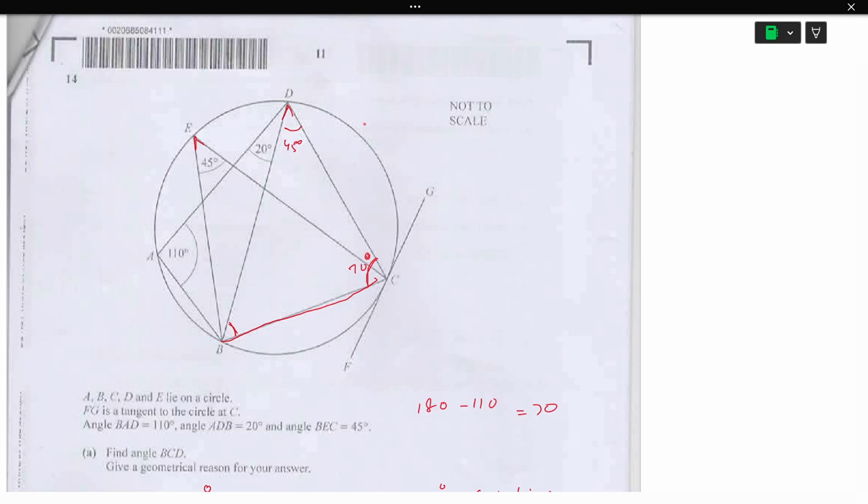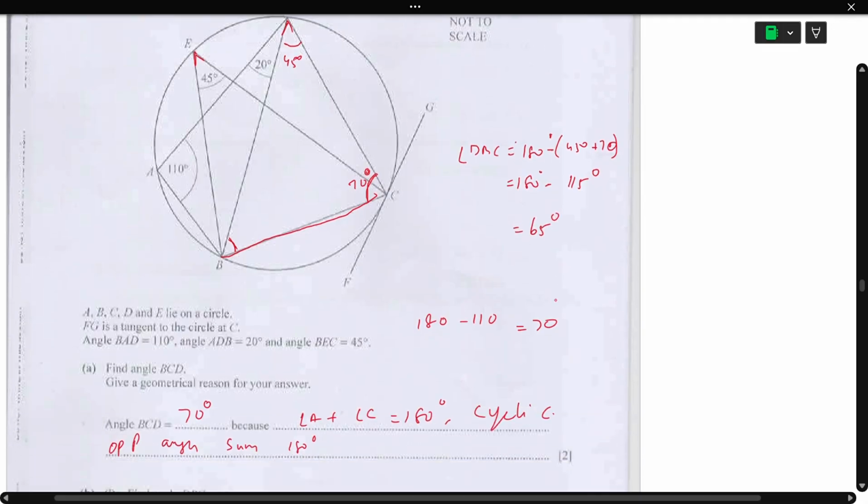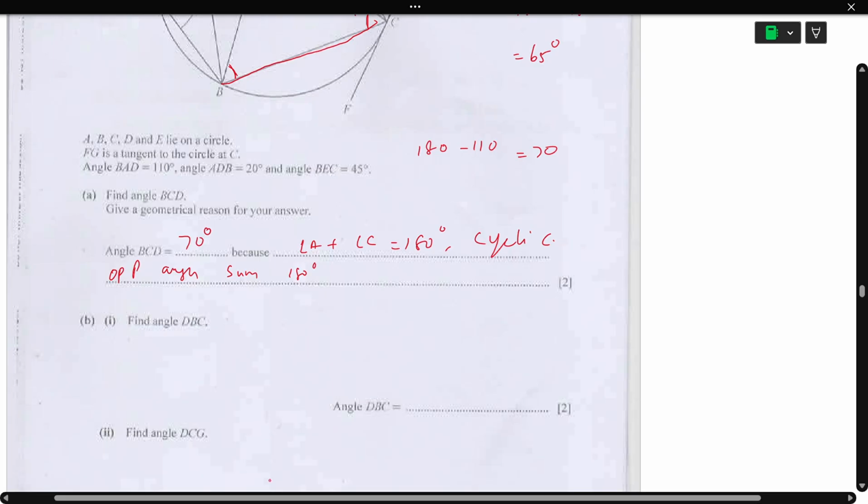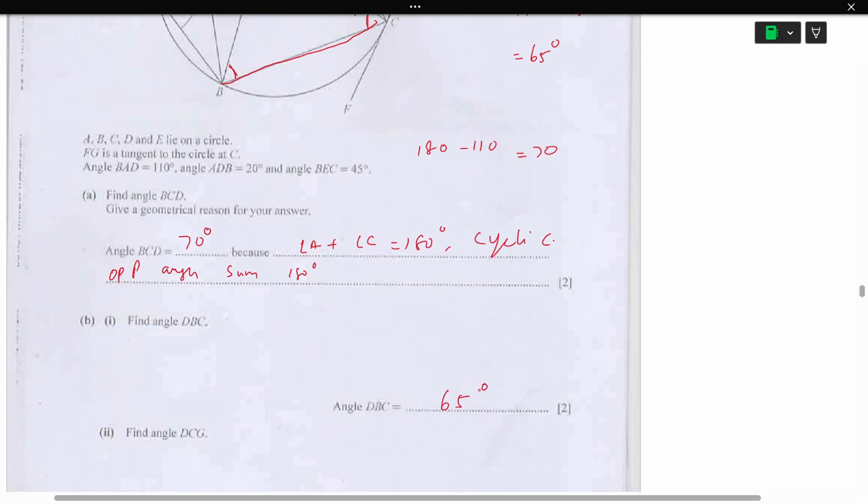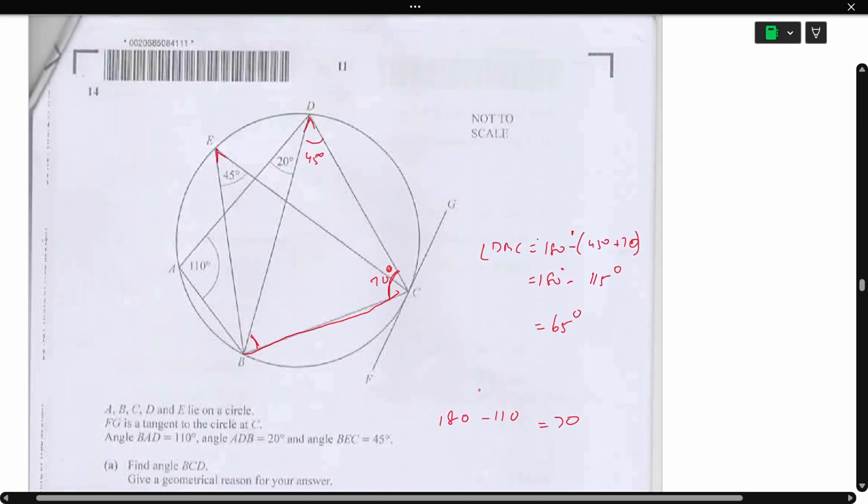So now we take triangle BCD. Angle DBC equals 180 degrees minus 45 plus 70 degrees. We take away the other two angles and we get this angle, which is 180 degrees minus 115 degrees, equal to 65 degrees. So the answer here is 65 degrees. Next, find the angle DCG.